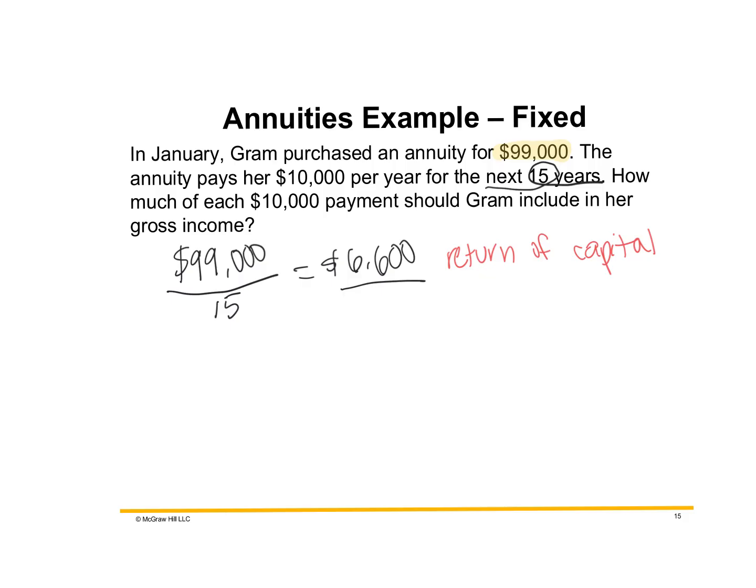However, we know that this annuity is paying Graham $10,000 per year. So then if we take what we know, Graham is receiving $10,000 a year.